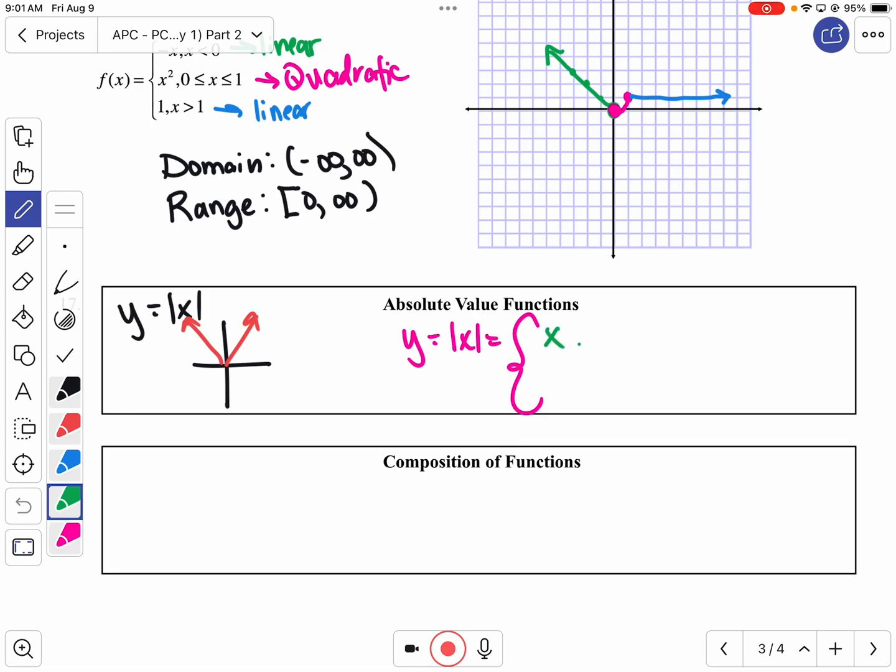As long as x is positive, then absolute value of x is also positive. We know that. If I put a positive number in there, I get a positive number out. I get the exact same number back out. What happens when x is less than 0? When I put a negative number in there? I get a positive number back out.